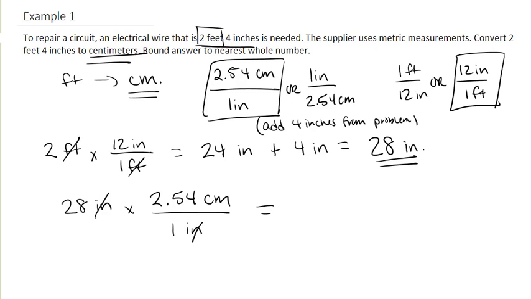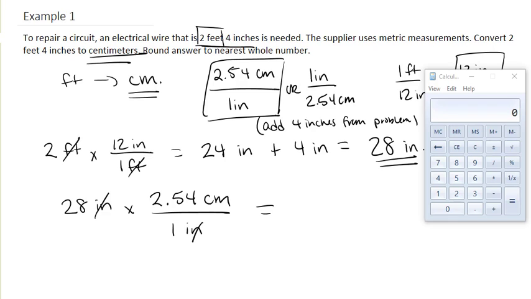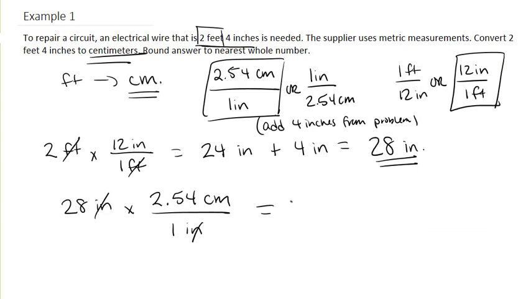So let's go ahead and get our calculators out. We're going to take 28 and multiply it by 2.54 and we get 71.12. And this is in centimeters. So 2 feet and 4 inches is equal to 71.12 centimeters.